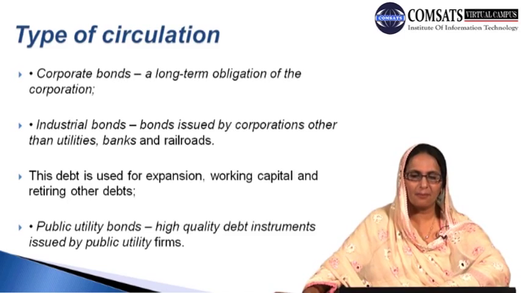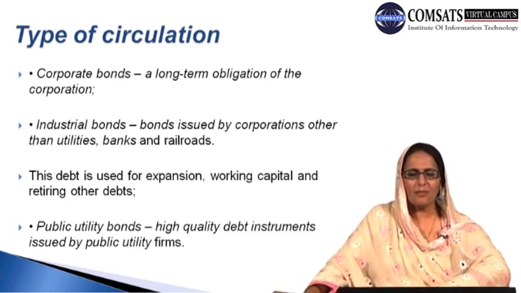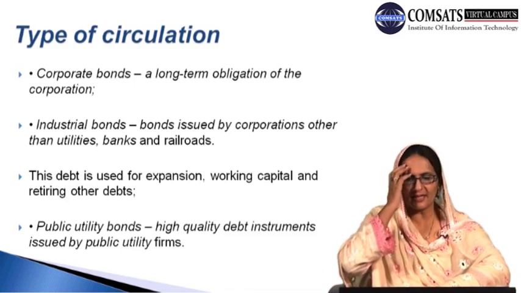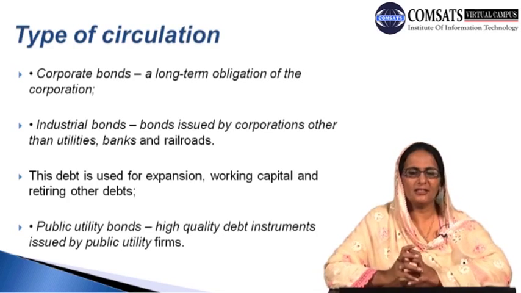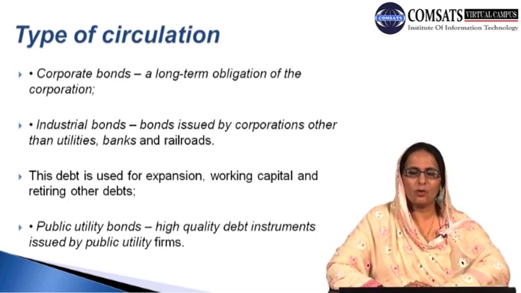Then we have another type of bond, which is known as industrial bonds, bonds issued by corporations other than utilities, banks, and railroads. Therefore, we can say that industrial bonds are issued by corporations other than utilities, banks, and railroads.